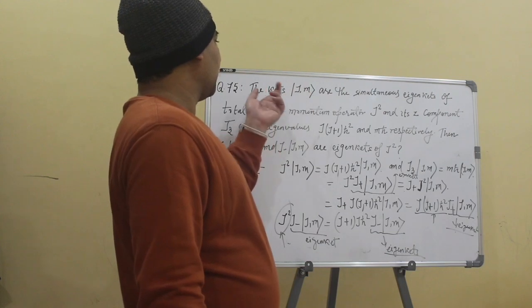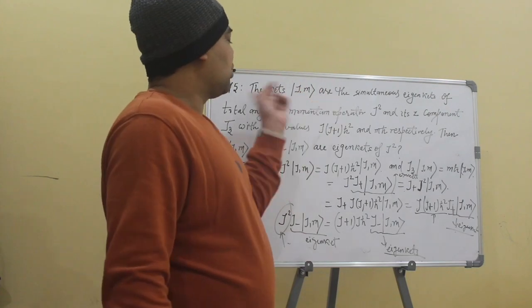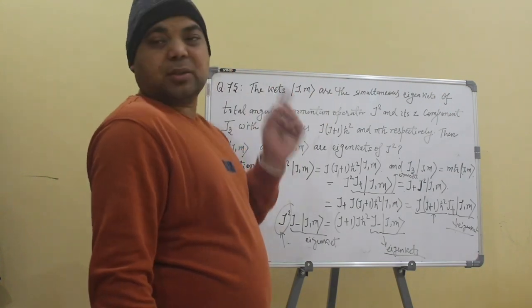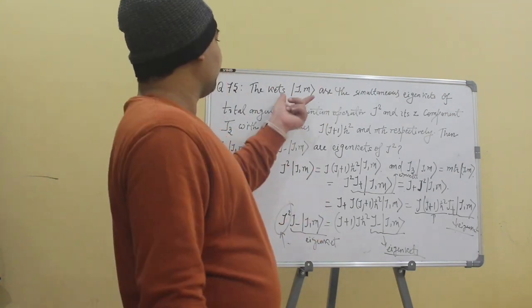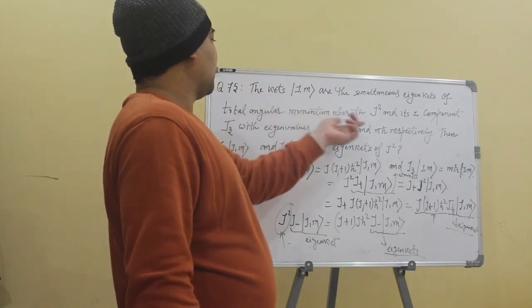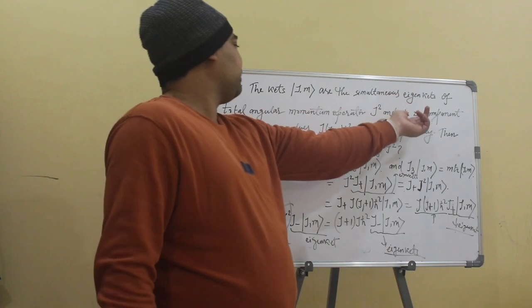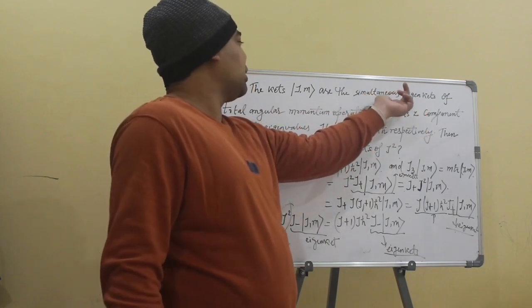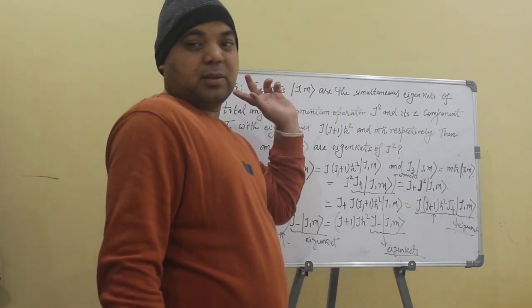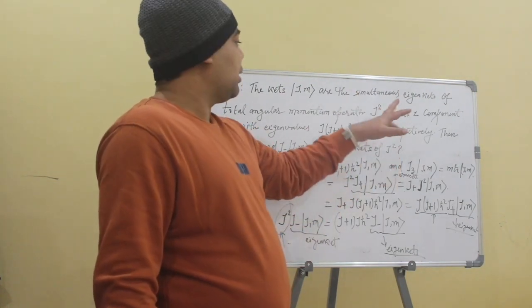It signifies one of the most important properties of operators. If two operators have simultaneous eigenvectors, or the same eigenkets, then they are commutative in nature.